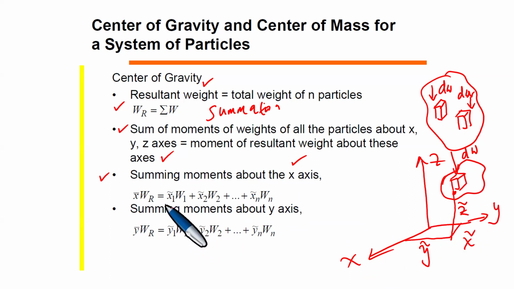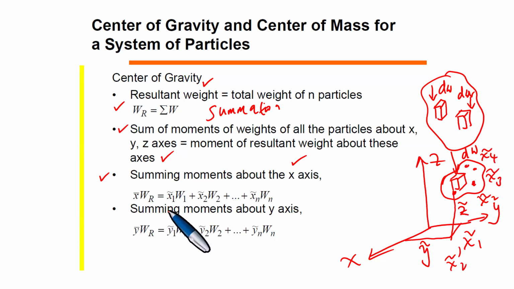You can call this x1 tilde, and then there's another one called x2 tilde for another particle, and then x3 tilde, x4 tilde, and so on and so forth.